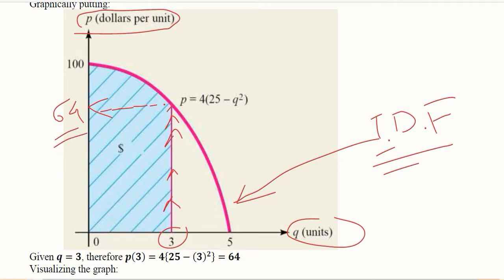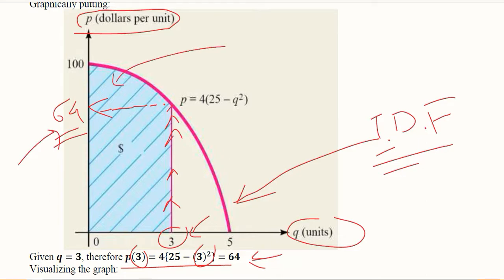This is done by simply putting the value of 3 in the demand function. Wherever there was Q, we substituted 3 and we found that we have 64 as the equilibrium price. Now we have the equilibrium output, the equilibrium price, and this shaded area which is shaded in blue.